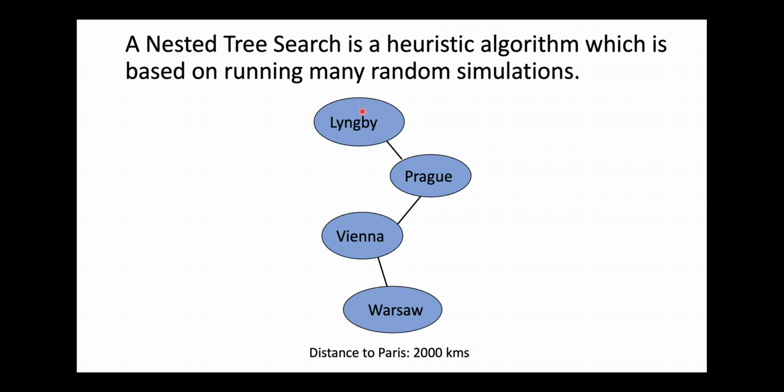So let's say we choose a random path and reach Prague. Then again we take a random path and reach Vienna. And finally, again with a random path, we reach Warsaw.